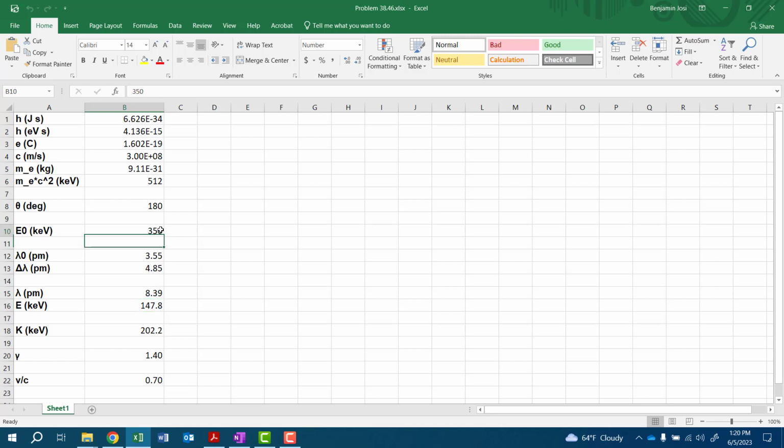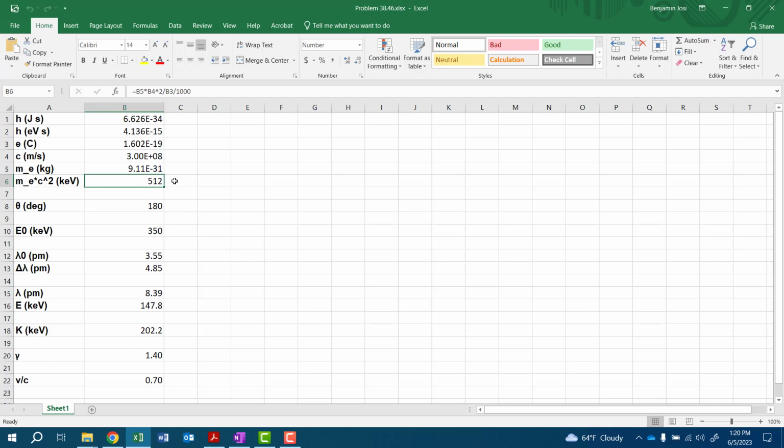So it went from 350 all the way down to 148, which means it gave up over 200 keV of energy. Now, how much is 200 keV for an electron? You'll recall that the rest energy, this says 512, I must have rounded previously. It's something like 510 keV.